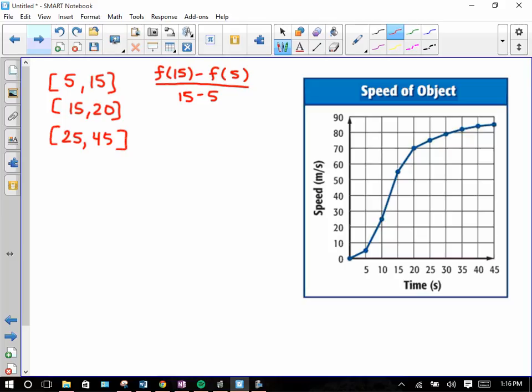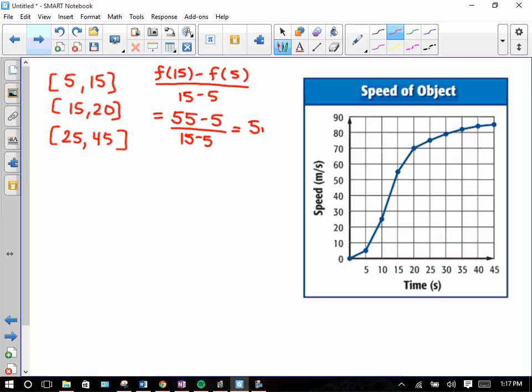Okay, so what you have to do is come over here. F of 15 would be 55. F of 5 would be 5. So this is equal to 55 minus 5 divided by 15 minus 5, which is going to be equal to 50 divided by 10, which is going to be equal to 5.